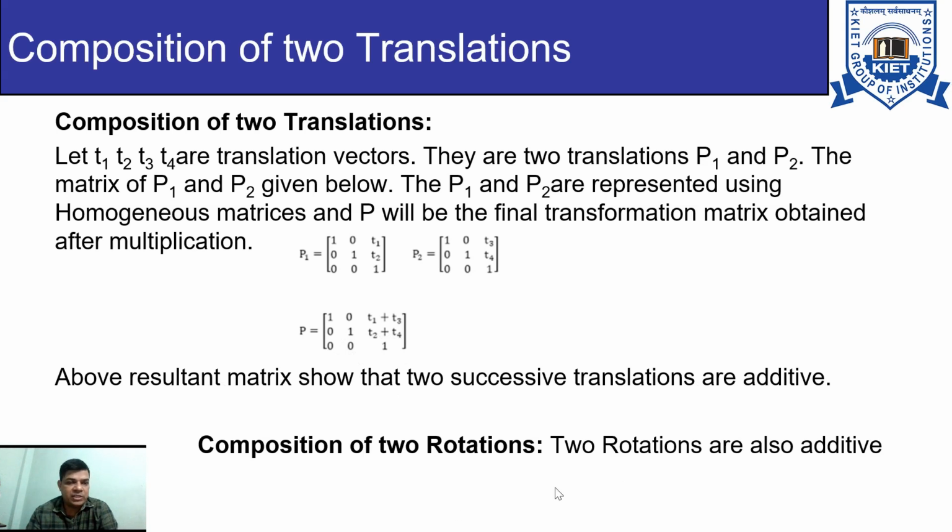Similarly, two successive rotations are also additive. For example, if you rotate an object by 30 degrees in the first step, and in the second step rotate it by 40 degrees, you are rotating the object by 70 degrees, because 30 degrees plus 40 degrees gives 70 degrees.